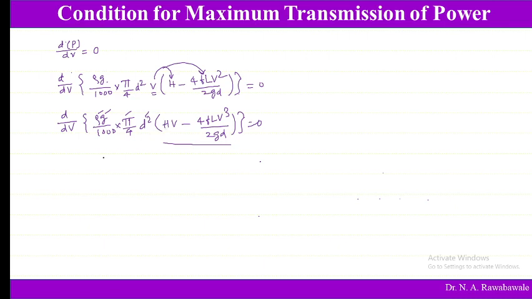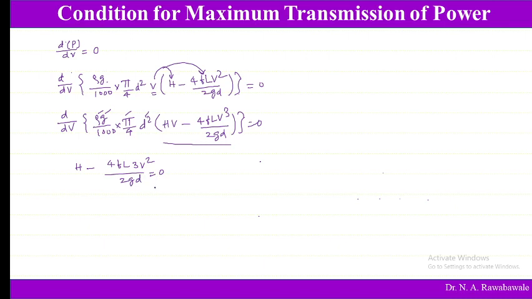The differentiation of hv with respect to v is h, minus 4fl, the differentiation of v³ is 3v² divided by 2gd, equal to 0.